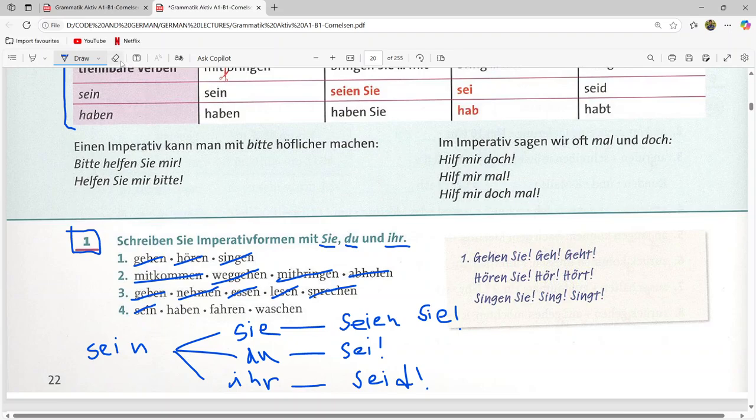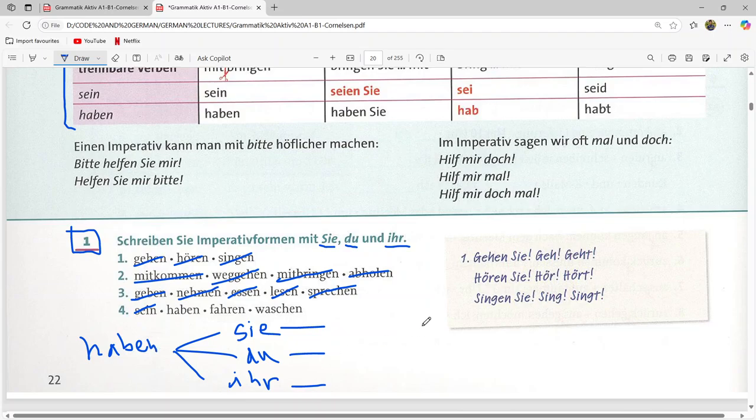Okay, then comes the verb haben. So the verb is haben.